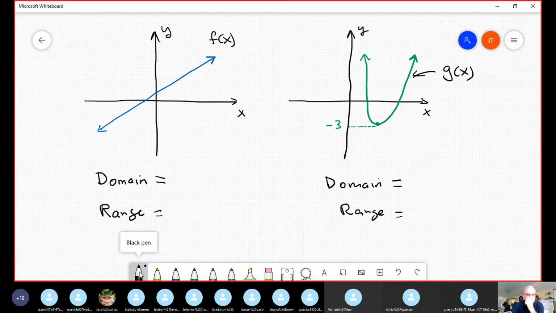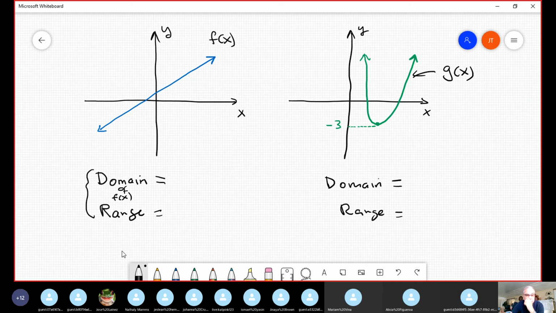Who helps me? Domain of f, range of f. This is of f, and this is of g. Well, I pick an arbitrary point. And remember, this arrow indicates it continues forever in this direction.